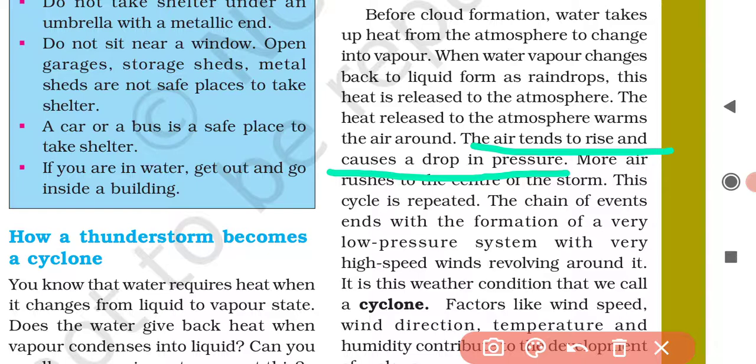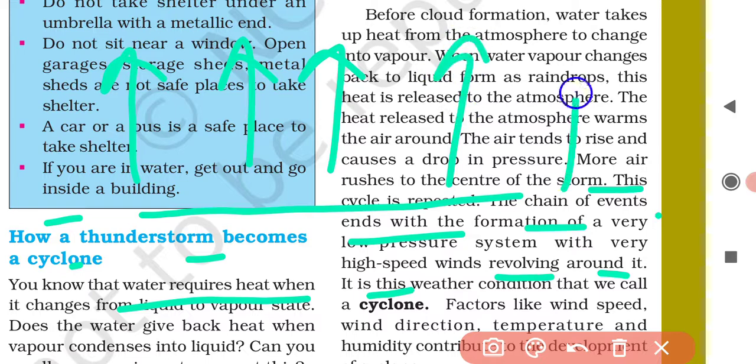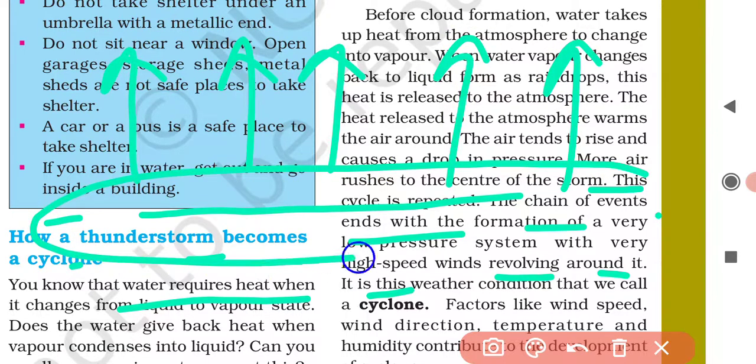That means the warm air which rises higher into the atmosphere causes a low pressure area. As I already mentioned in the beginning, the sea water which gets heated will rise up and create a region of low air pressure.